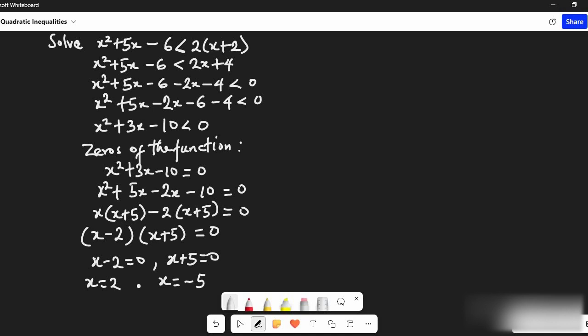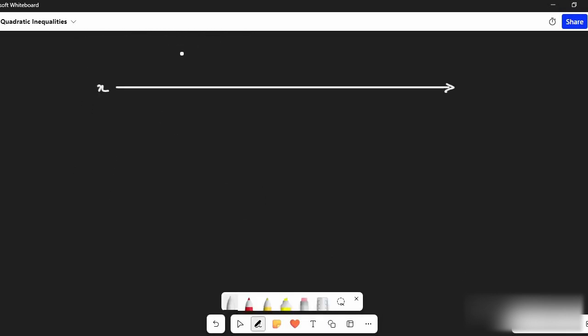Now let's go to our number line to see the range of values of x for which x squared plus 3x minus 10 is less than 0. Alright, so we have our number line here with 0 in the middle. Now let's find the range of values of x for which (x minus 2) into (x plus 5), expressing the quadratic function as a product of its factors, is less than 0.